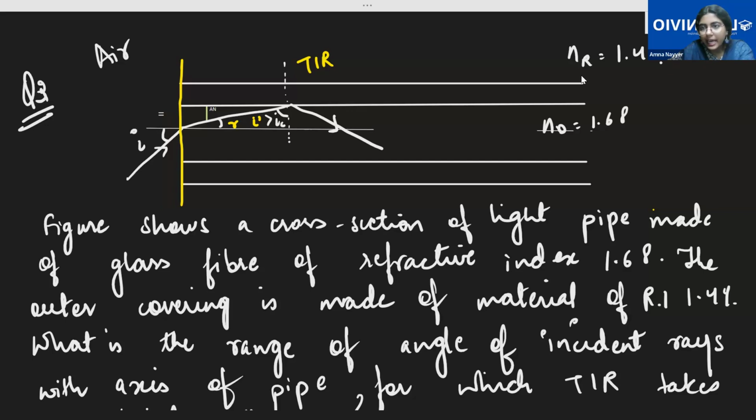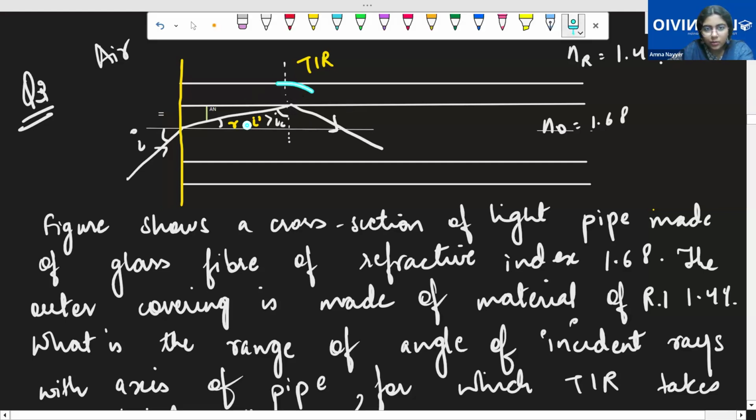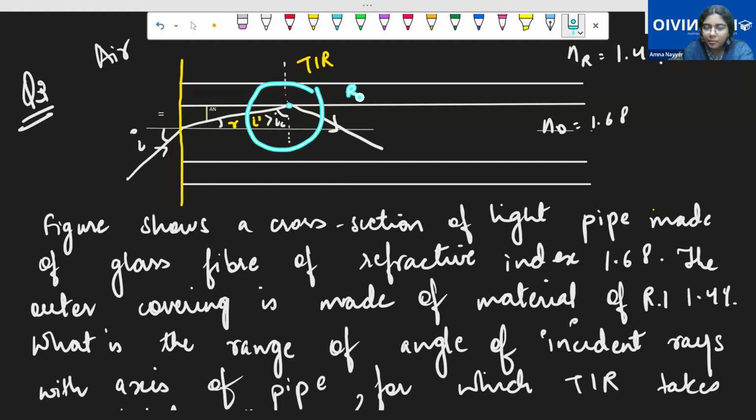No, see, NR and ND are taken for this point. TIR is occurring here. Look at this window. Only in this part TIR is occurring. So here the rarer part becomes this part and denser becomes this. That's because that's the portion of TIR, not the usual Snell's law.